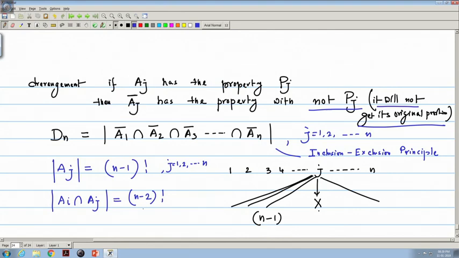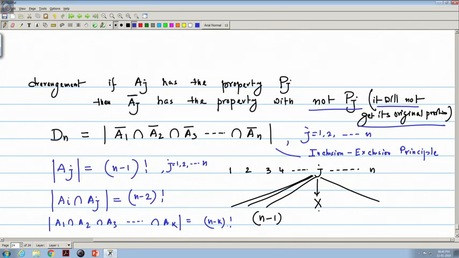In this way I can write that a1 intersection a2 intersection a3 up to intersection ak will be my n minus k factorial.